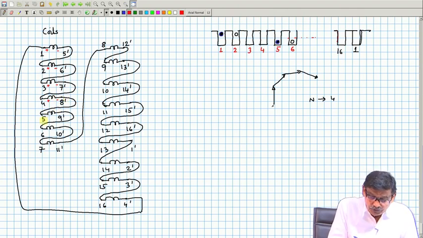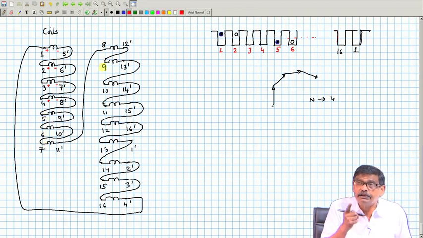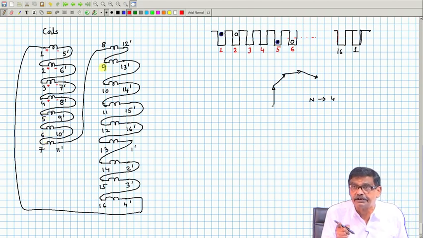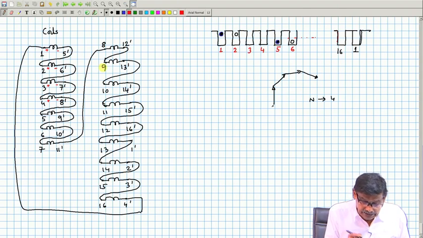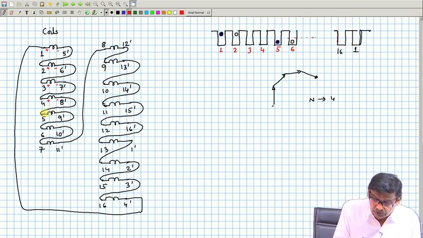Then the next 4 slots, 5, 6, 7, 8, will be under the influence of the south pole, and the polarity of this induced voltage will be reversed: minus plus, minus plus, minus plus, and minus plus.